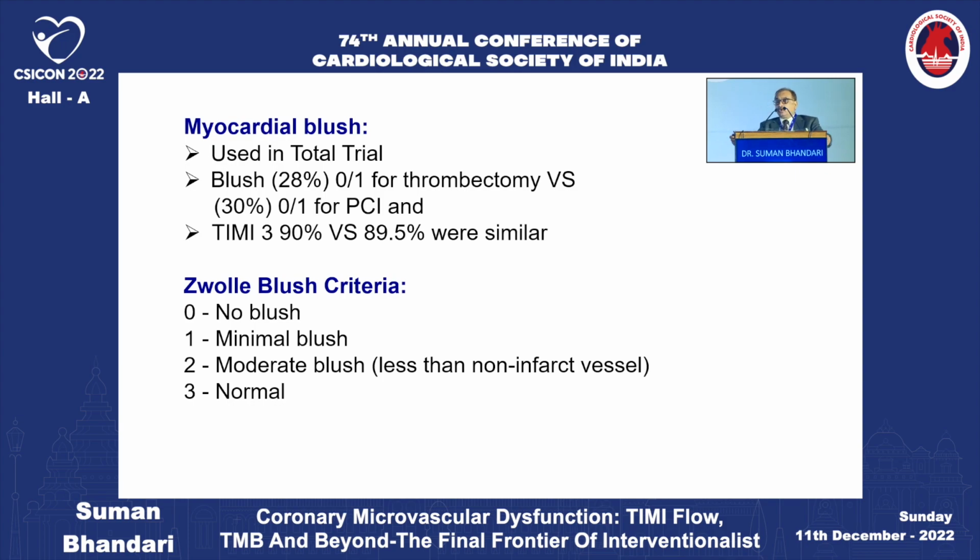So it was used in the TASTE trial, the aspiration for primary PCI trial, with blush 0 or 1 in 28% for thrombectomy versus 30% for PCI. The mortality was quite similar. So in this trial, the blush grade was used to assess the coronary perfusion, and it was found that thrombectomy was not so superior in people with primary PCI.